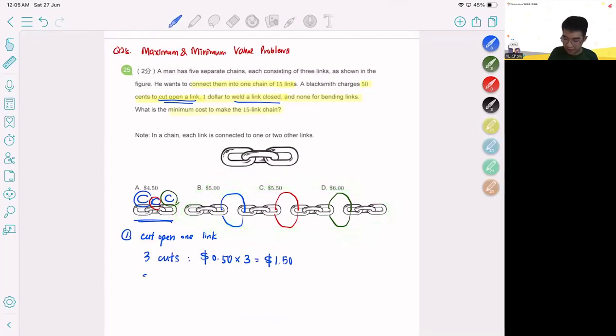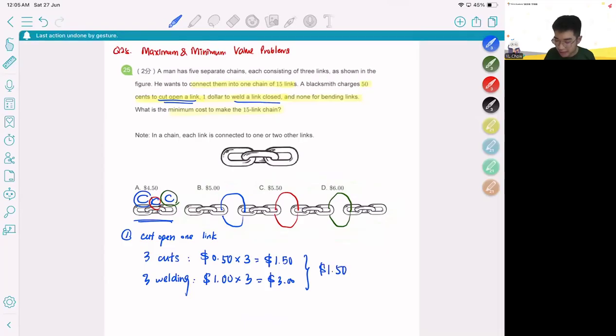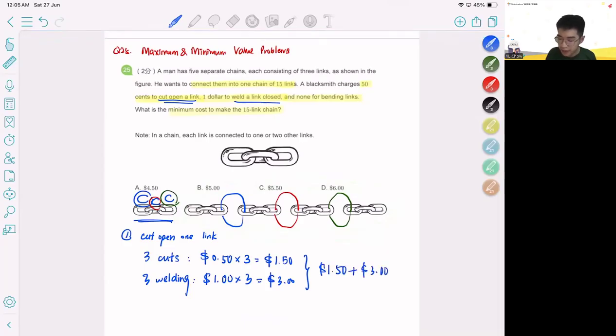And that is actually three welding, in other words, three connections, which will be $1 times 3 equals $3. That will give me a total of $1.50 for the cutting plus $3 for the welding or connecting, and your minimum cost needed is $4.50.